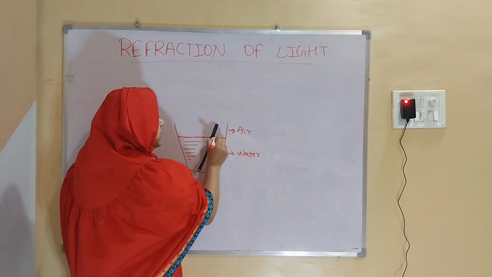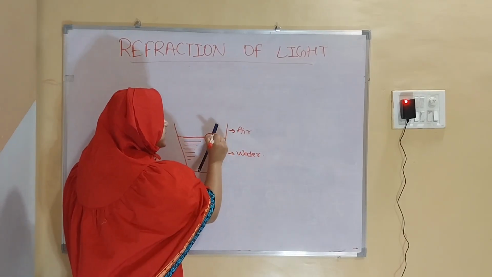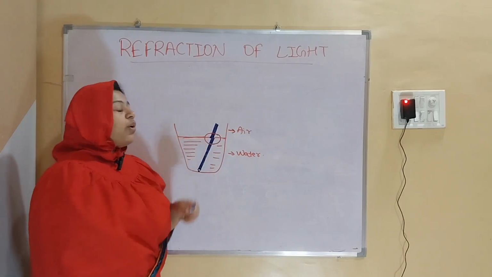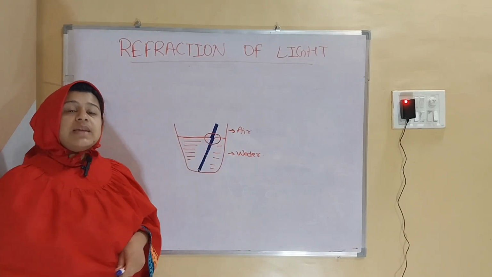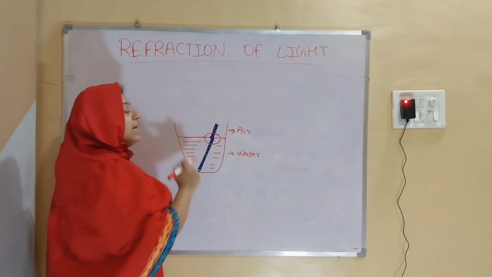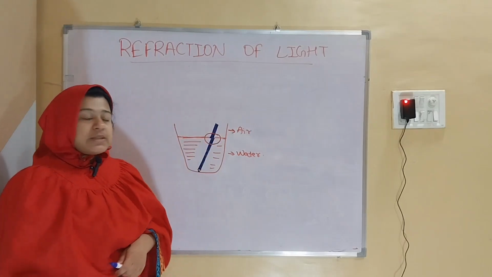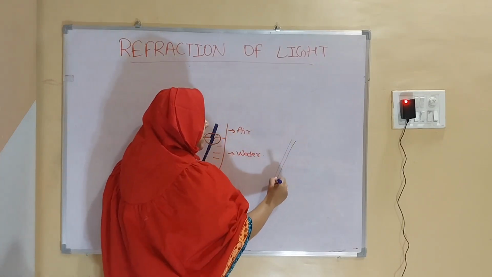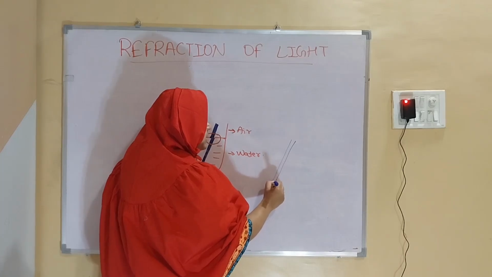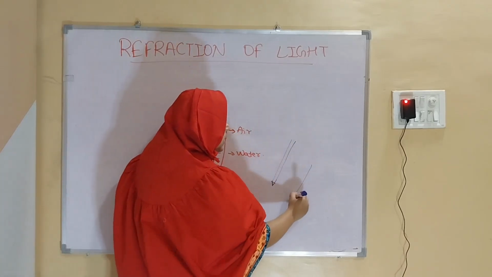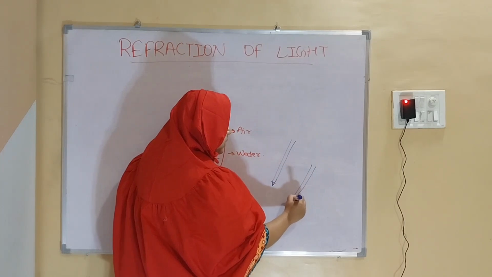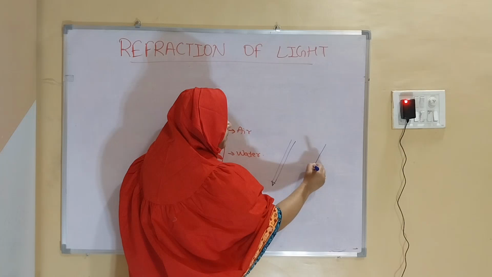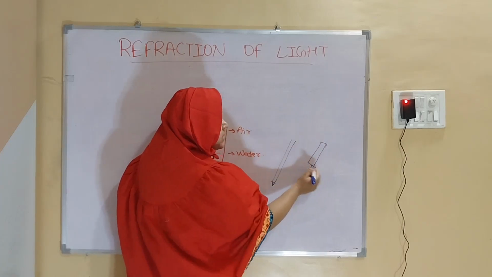We observed that at this interface, the air and water interface, we could see the pencil slightly displaced from its place. We were not able to see the pencil in a single straight line. The pencil was slightly displaced.